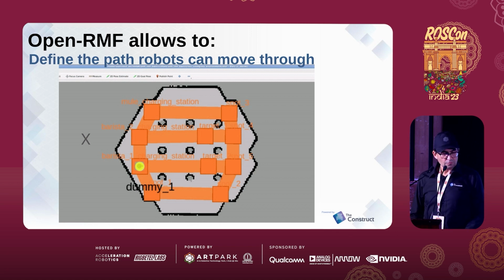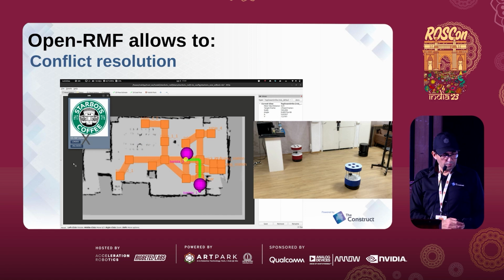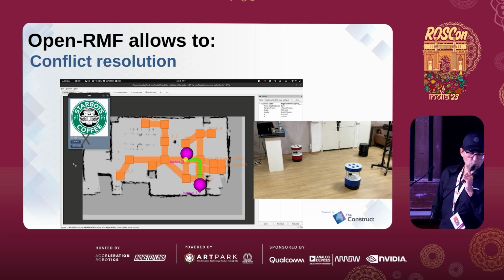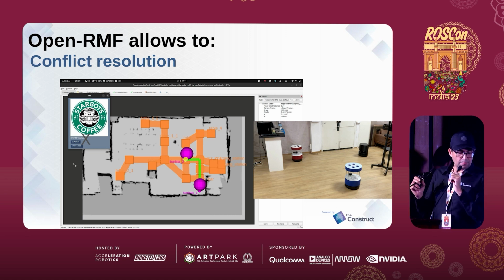Okay, so in this case, also, I'm presenting here conflict resolution. This is something very important in fleet management. So here we have 2 robots, which are the blue and the red. And then the blue one wants to go where the red is, as you can see in the RViz.